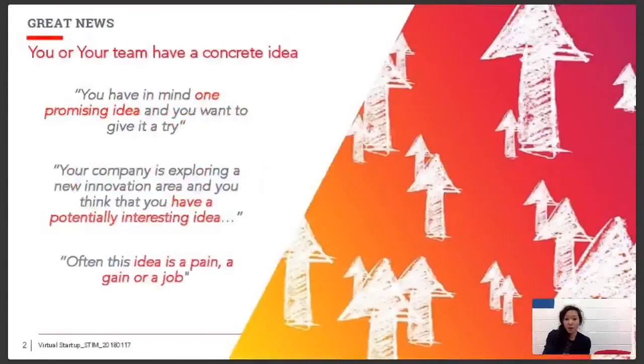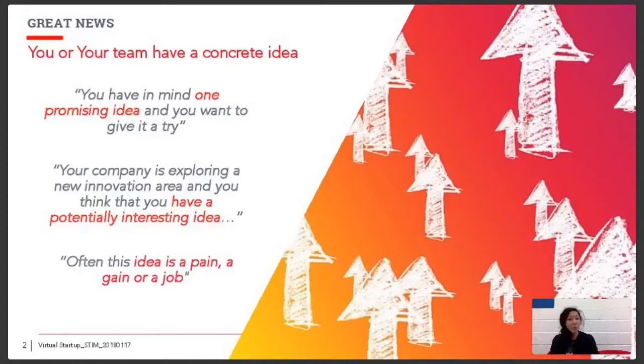So as you saw, the topic of our session today is how to test and explore our disruptive ideas with CK and agile methods. Imagine lots of you have seen yourself in the situation that you already have an idea that you would like to develop, something that you want to give a try.